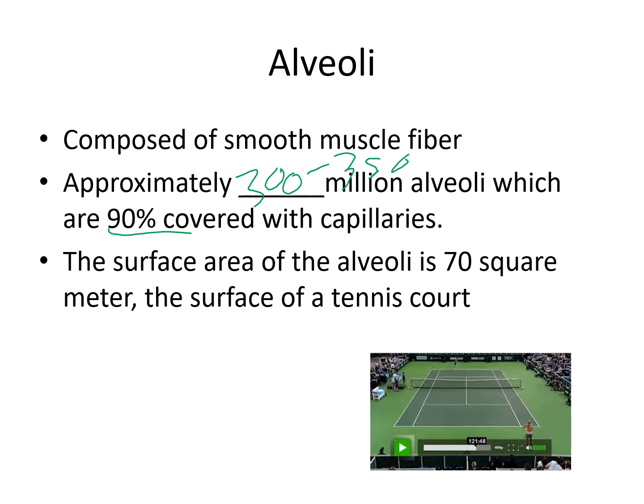That's good. We want a lot of capillary coverage, right? That's how we get blood to get rid of CO2 and blood to pick up oxygen. So as I said before, this surface area of the alveoli, if I were to take all your alveoli apart and lay them down, it would cover the size of a whole tennis court, right? 70 square meters. That's huge.